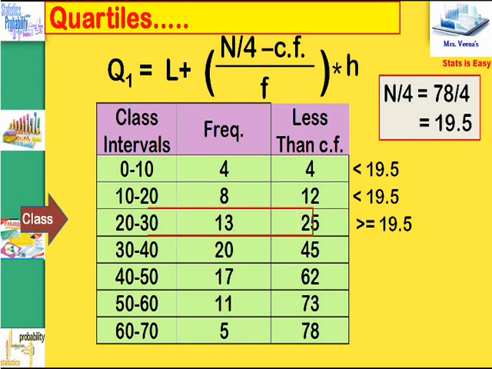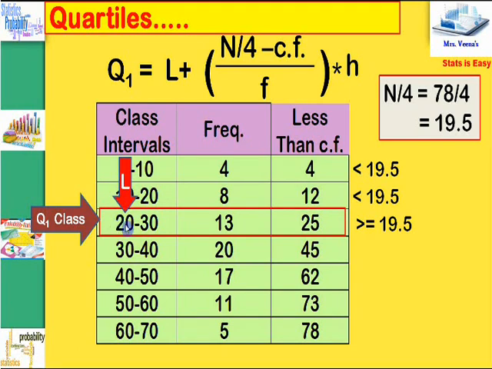So the Q1 class is this. L is the lower limit of the Q1 class. f is the frequency of the Q1 class.